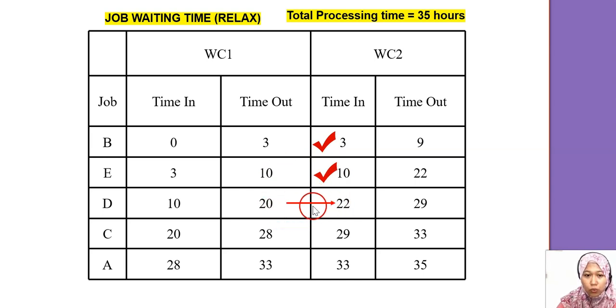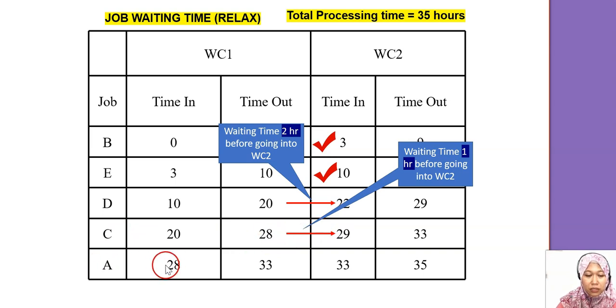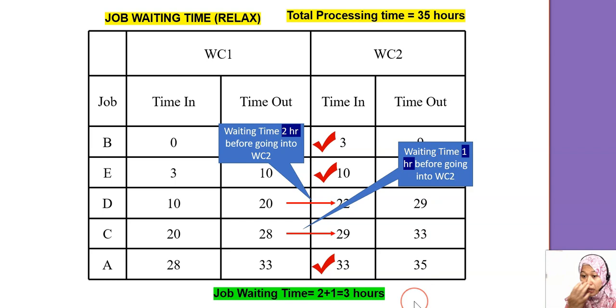So 22 minus 20, we get 2 hours waiting time for job D. So job D is waiting outside machine 2 before it can go in at time 22. And then for this one also, there's a waiting time for job C. They have to wait for 1 hour. And this for A is okay. Okay. So we need to total up. So the job waiting time is 2 hours plus 1 hour. So the total is 3 hours.